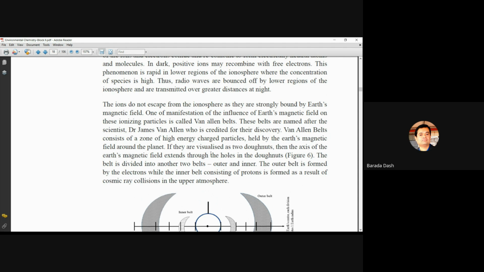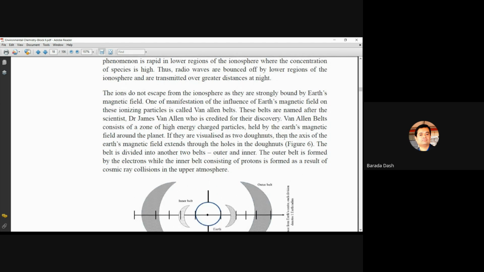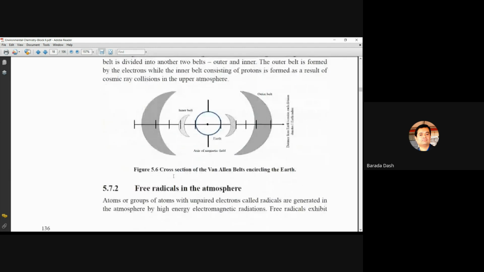Van Allen belts consist of a zone of high energy charged particles held by Earth's magnetic field around the planet. If they are visualized as two doughnut-type shapes, then the axis of the Earth's magnetic field extends through the whole of the doughnuts, and the belt is divided into two belts, outer and inner. The outer belt is formed by electrons, while the inner belt consisting of protons is formed as a result of cosmic ray collision in the upper atmosphere.